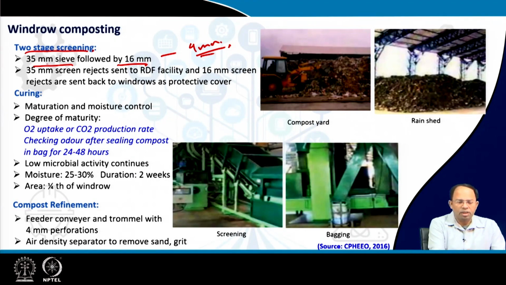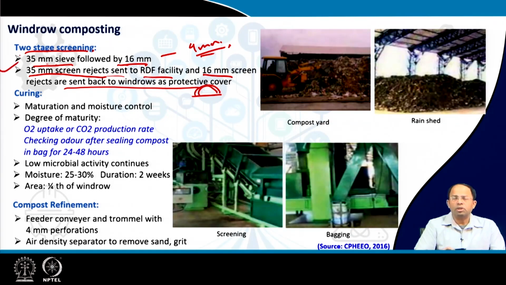So initially we do a 35 millimeter sieve followed by a 16 millimeter sieve. The rejects from the 35 millimeter screen are sent to the RDF facility, and the 16 millimeter screen rejects are sent back to the windrows as protective cover or insulation at the top. So this is the pre-screening process before the actual curing happens.